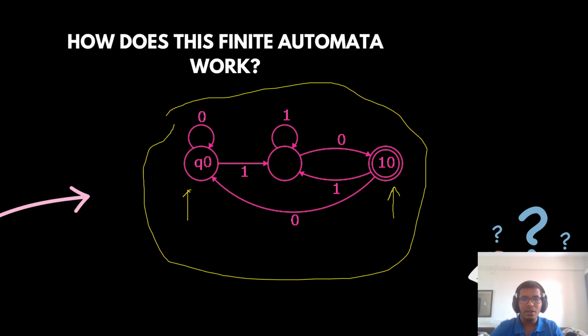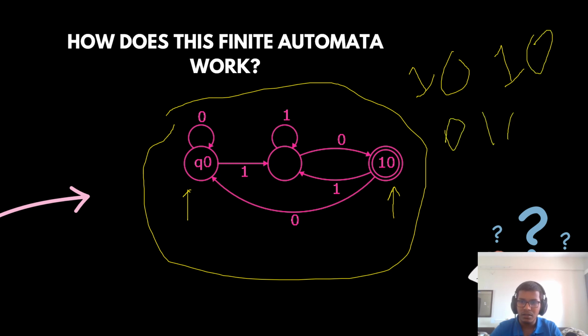The given finite automaton accepts characters of alternate symbols, that is 1 0 1 0 or 0 1 0 1. So here no two same symbols are accepted together. So 0 0 is wrong and 1 1 is wrong.